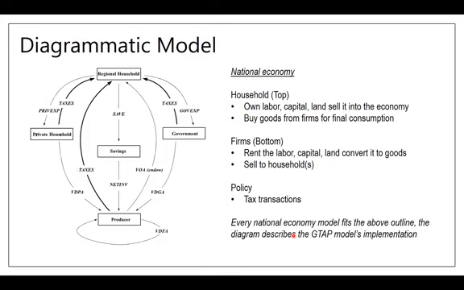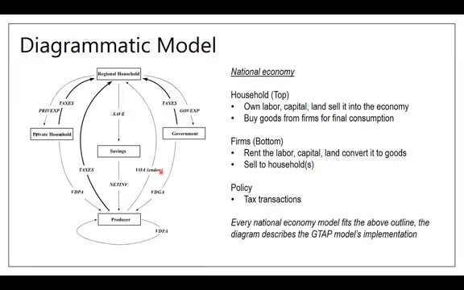And so every national economy fits this model as we would write it over here in this short outline. When you think about trying to fill it in with data and trying to figure out how the taxes move through the economy, I'm not asking you to know anything about what's going on up here, other than household top, firms bottom, and then policy sitting in between, putting in these wedges or extra spending amounts on all the transactions.